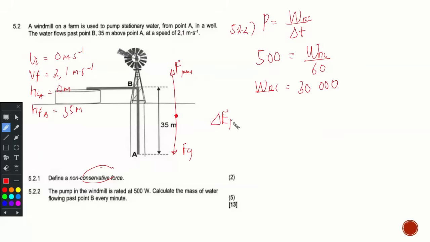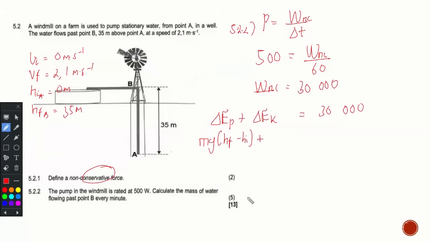Change in EP plus change in EK, which should be equal to 30,000, right? And then breaking this one down, we are now going to have mg bracket height finally minus height initially, plus the change in EK, which is half m vf squared minus vi squared, is equal to what? 30,000, right?